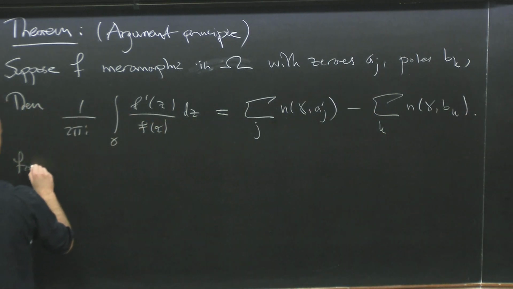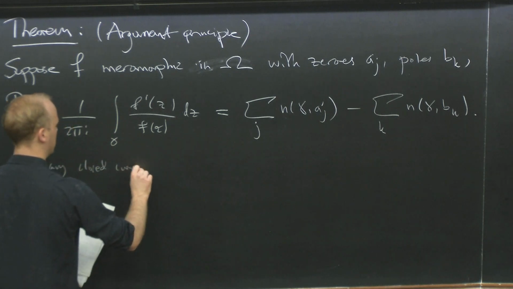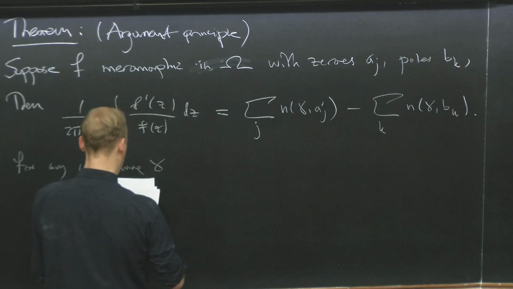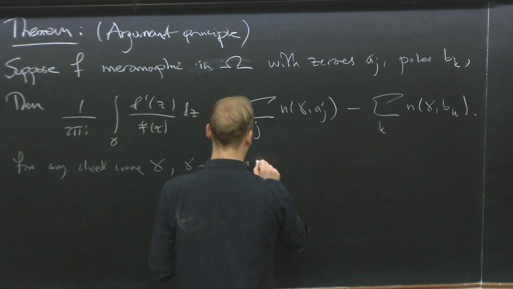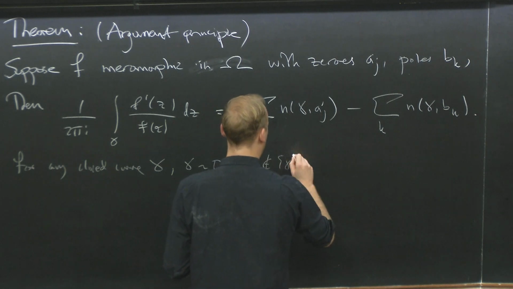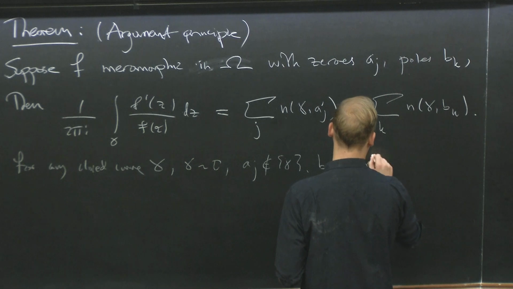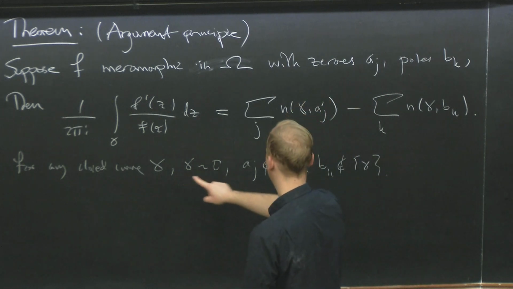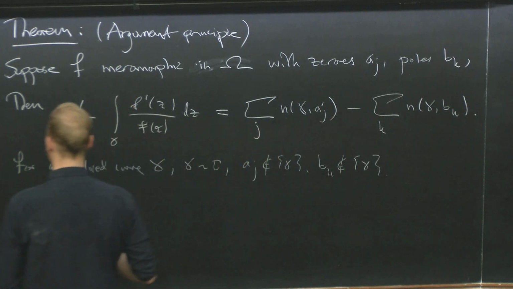And this is true for any closed curve gamma, which is homologous to 0, and such that the a_j's and the b_k's are not on gamma. And we ask all of this business here because we want to apply the residue theorem in the proof.